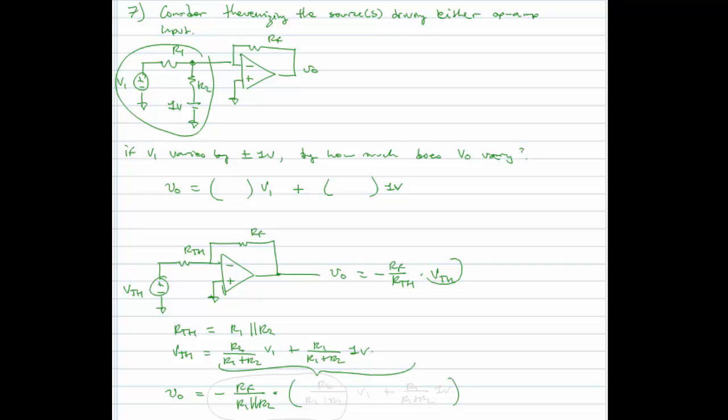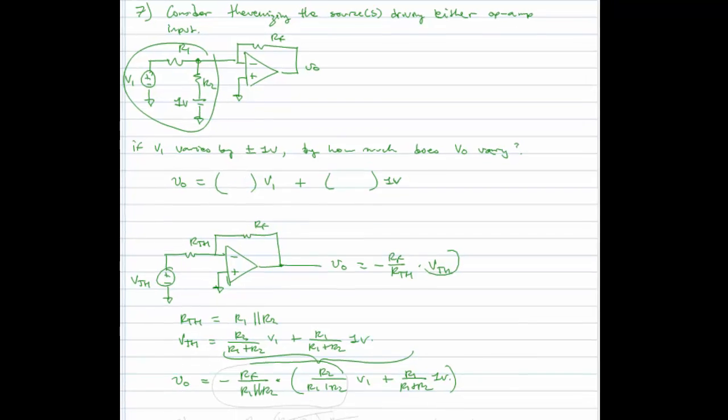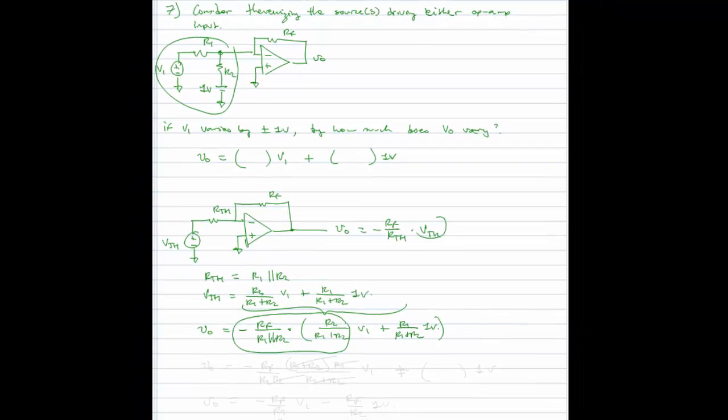Right? But all I'm interested in is the portion due to V1. Right, so I'm looking for this piece right here. So you could simplify this.